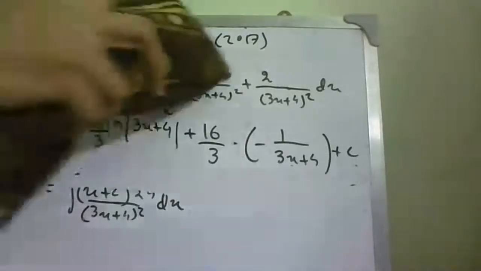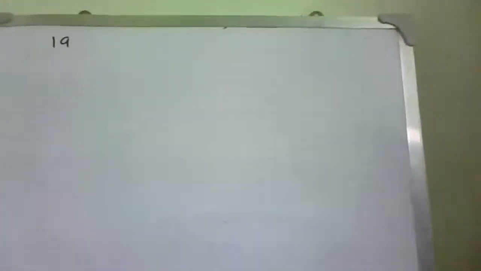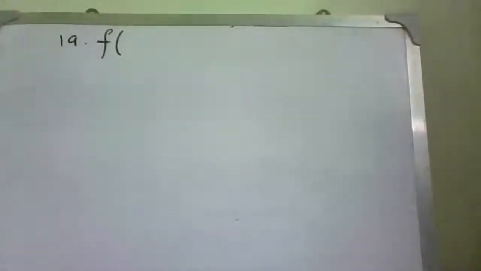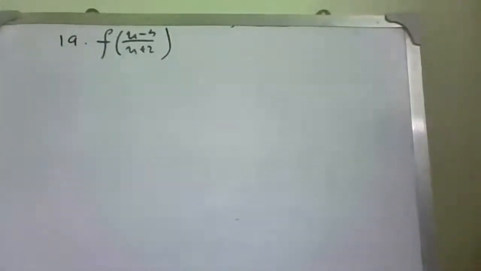The next question is also quite similar. It's almost similar to this question itself, so I'm just solving it in a faster way. Okay. It's said that f of x minus 4 by x plus 2 is 2x plus 1.